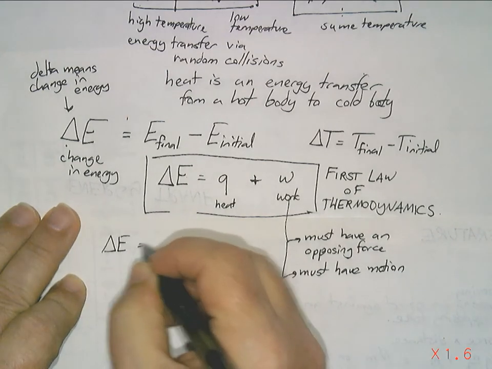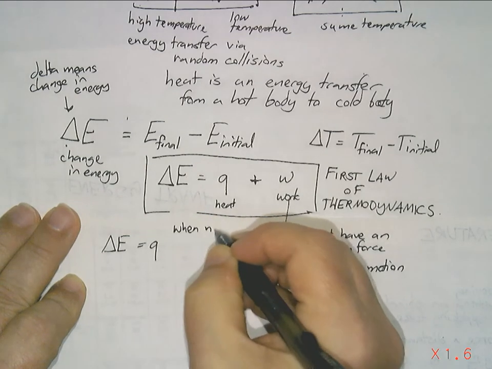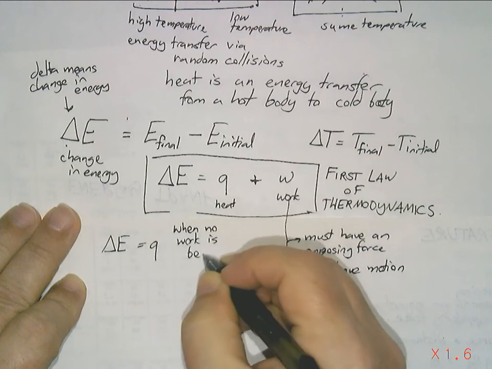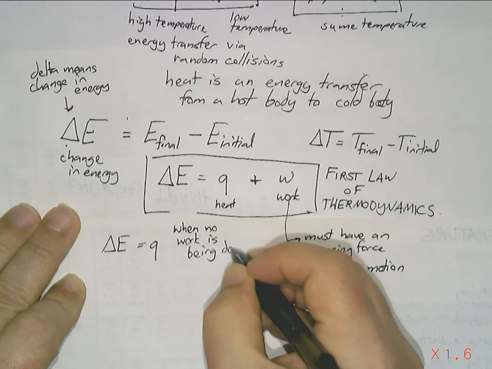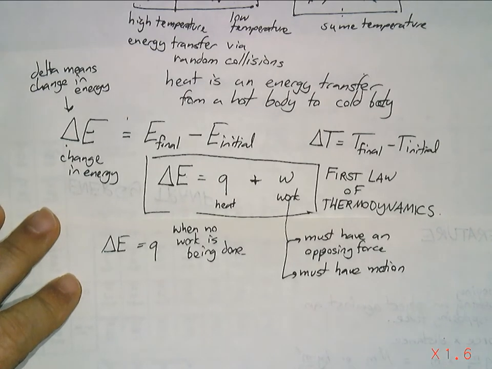The change in energy will be equal to the heat when no work is being done. When you don't see any motion and you don't have an opposing force, no work is being done, and the W drops out. It'll be zero.